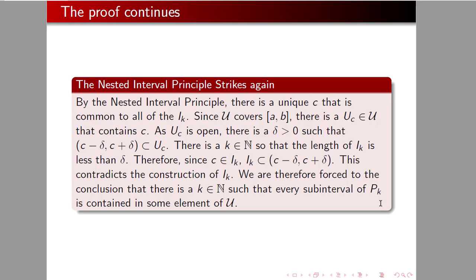Remember, I sub k was chosen not to be in any element of U, but by golly, it is. Therefore, we're forced to the conclusion there is some k element of the natural numbers such that every subinterval of P sub k is contained in some element of U. Oh my God.